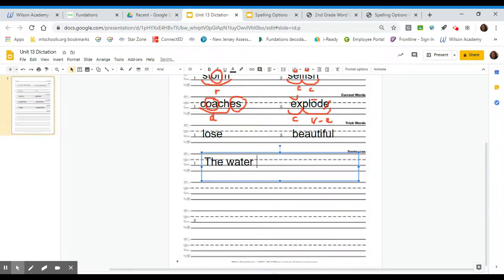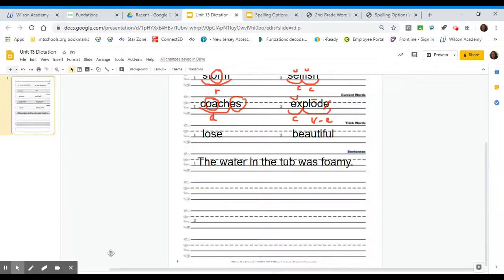The water in the tub was foamy. Just going to make my box a little bigger so it fits on the line. The water in the tub was foamy.